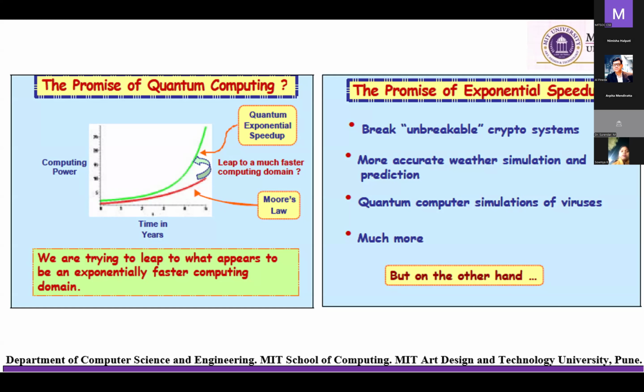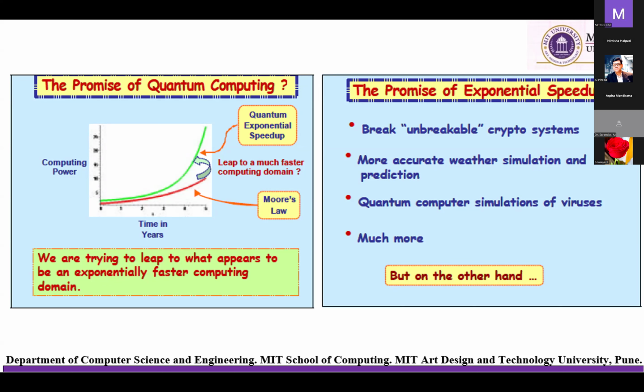On the right side, the promise of exponential speedup. Quantum computing is envisioned to break unbreakable crypto systems by enabling faster factorization and problem-solving techniques, provide more accurate weather simulations and predictions, simulate viruses and other complex biological systems for advancements in medicine and research, offer much more in various domains.